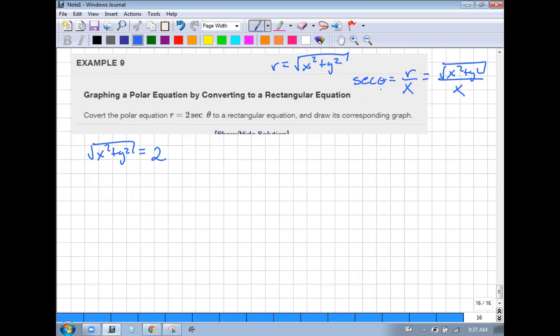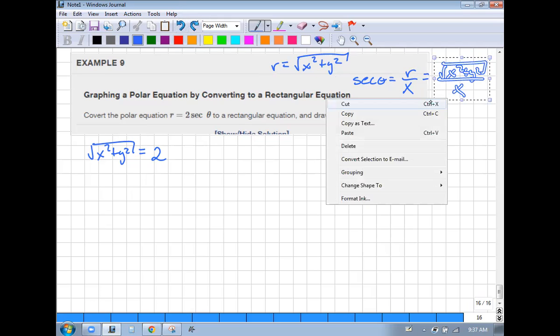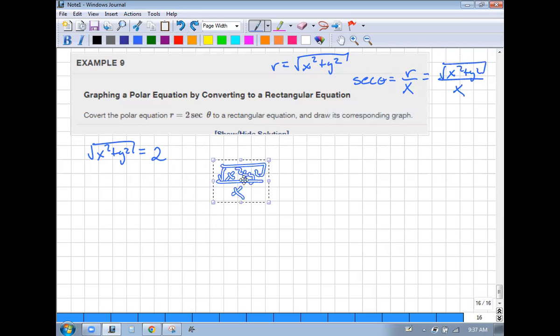Okay, so there's secant theta in terms of x and y. That's it, right? I just wrote down the definition. There's an r in it, and I don't want an r in it. Well, I know this is r in terms of x and y, so here we go. That equation sucks, right? Totally sucks.